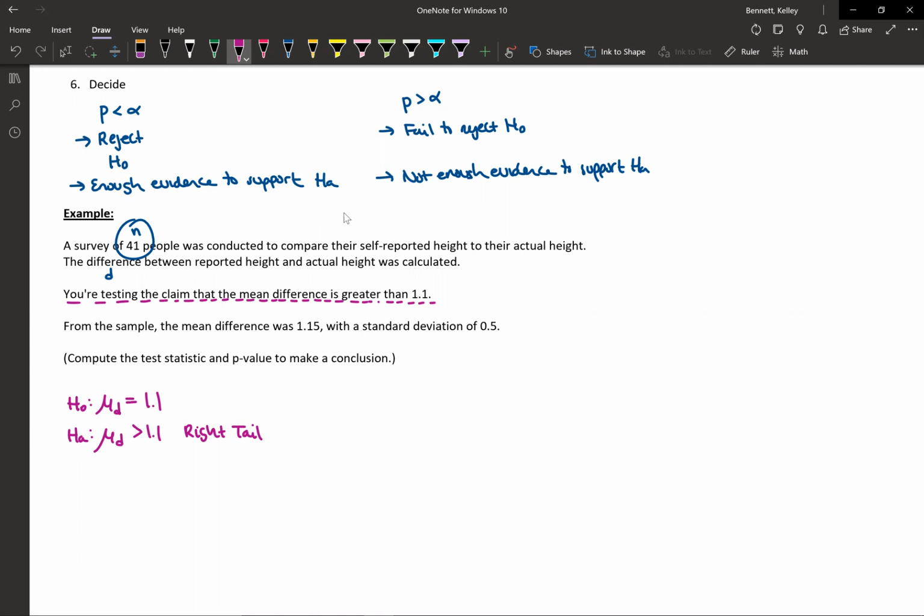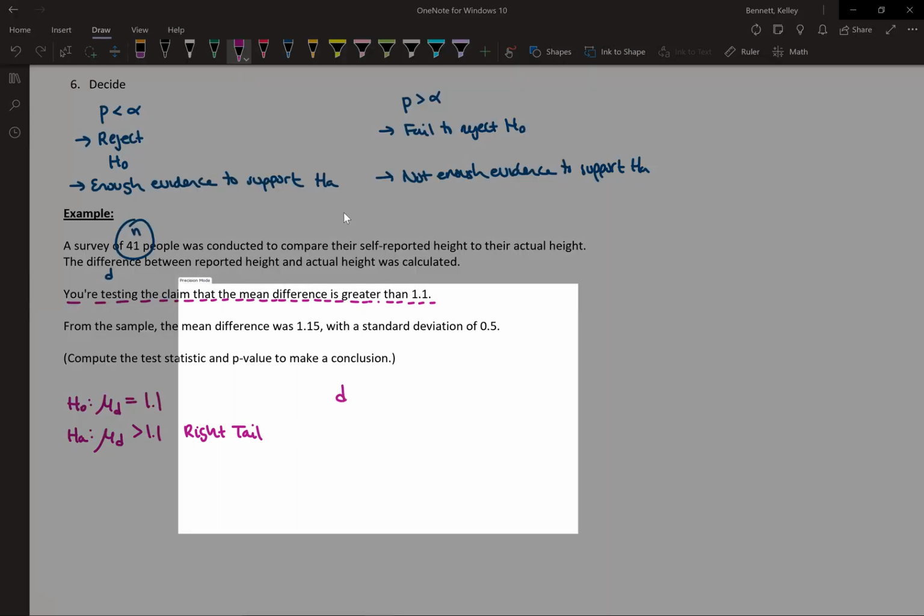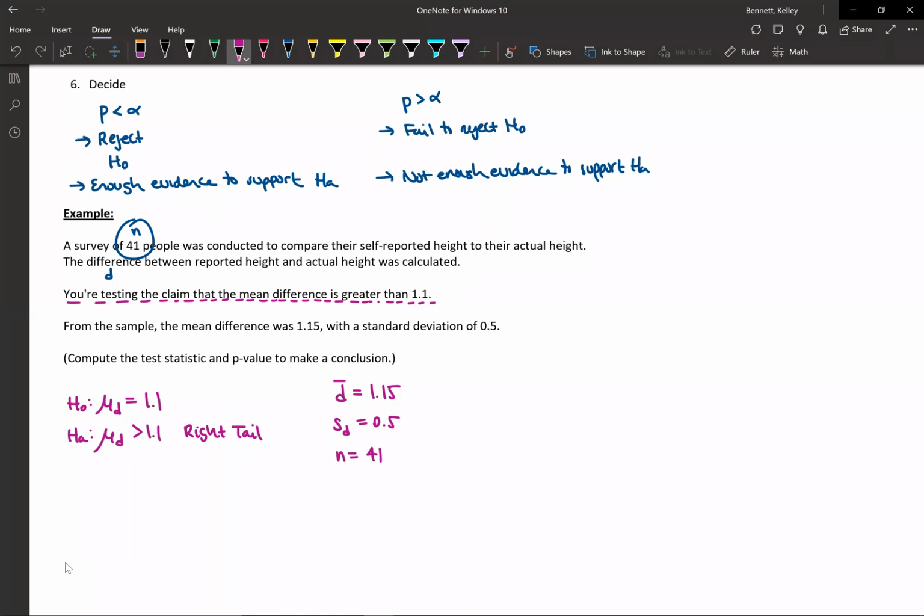Okay, our sample mean, D bar, the mean of all the sample differences, is 1.15. The standard deviation of the differences was 0.5, and we said that the sample size was 41. So now I'm going to go over to Excel and input it and see what I get for my test statistic and for my p-value.